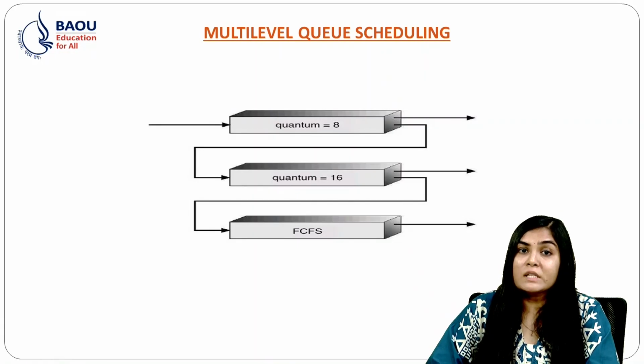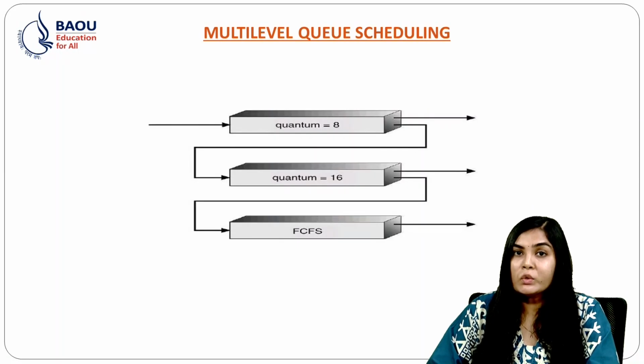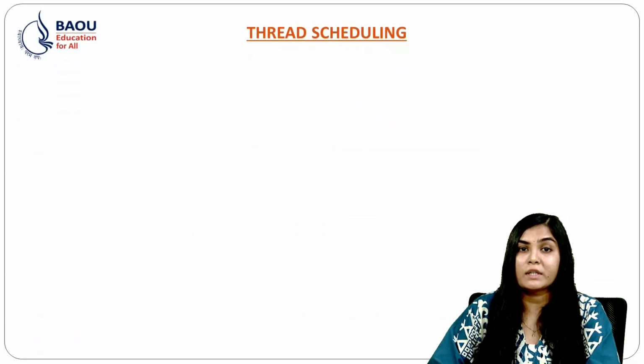If not finished in 8 milliseconds, it is moved to Q1. At Q1, the job is again served by FCFS and receives 16 milliseconds. If it is not completed, then it is preempted and moved to another queue, to Q2, where it is served in FCFS order with any CPU cycles left over from Q0 and Q1. Next, we will understand about thread scheduling.